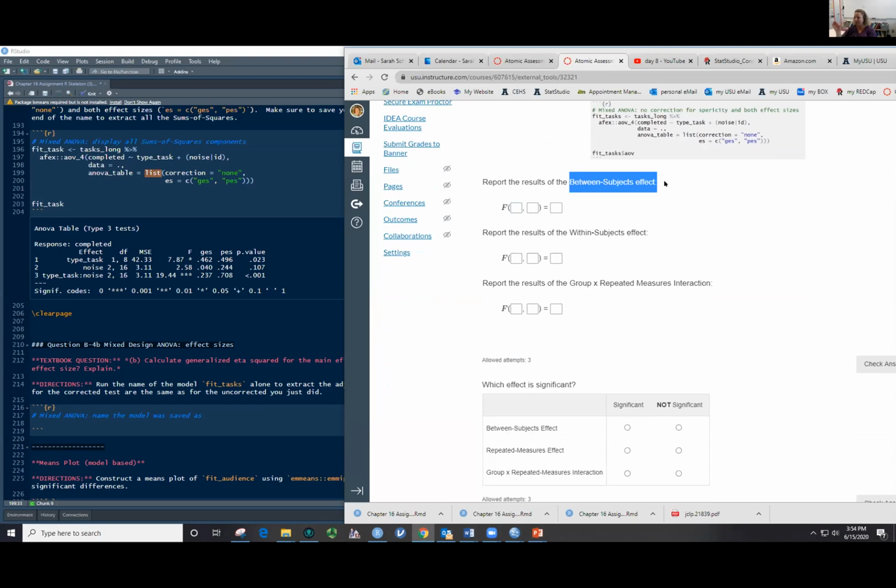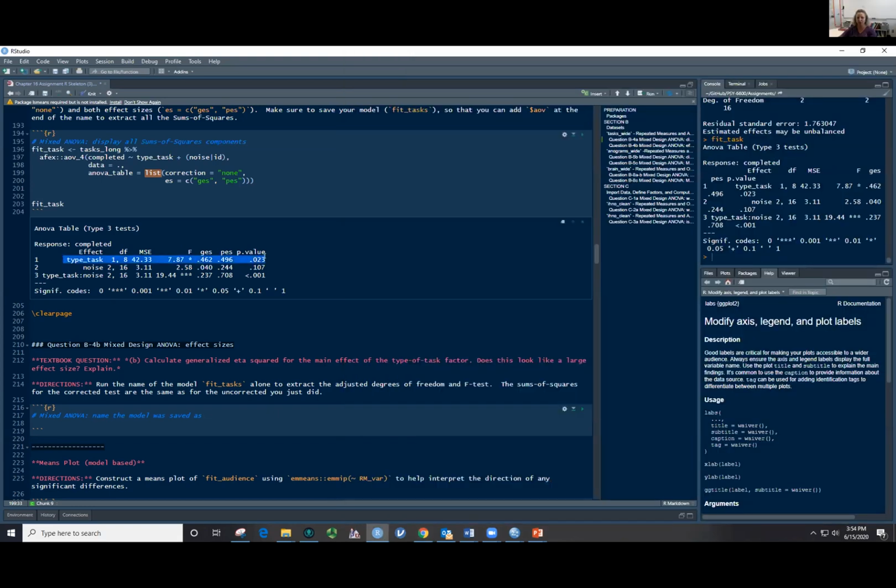Which one's the between subjects effect? Type of task, because subjects were either one or the other, they were never both.